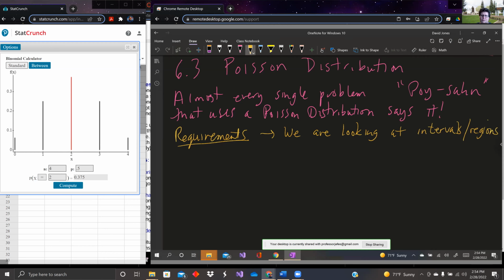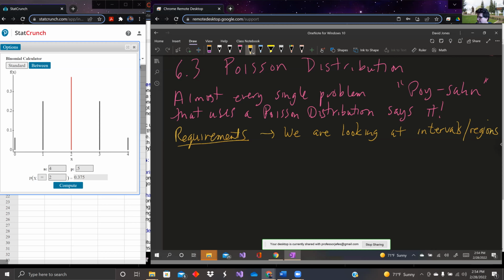Intervals is often associated with time. So like a minute long, 30 seconds, 6 seconds. 6 seconds is a round in Dungeons and Dragons. That's an interval of time. Or it could be a year if we're talking about something that doesn't happen very often.